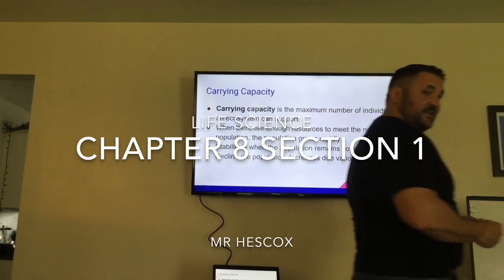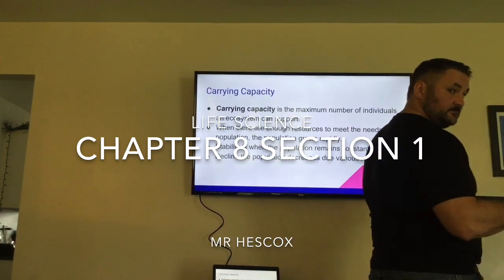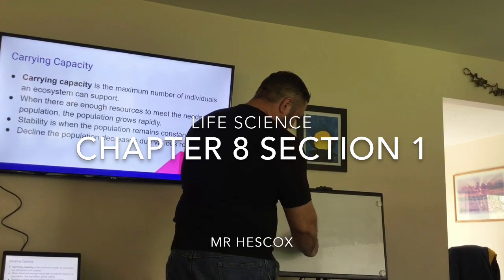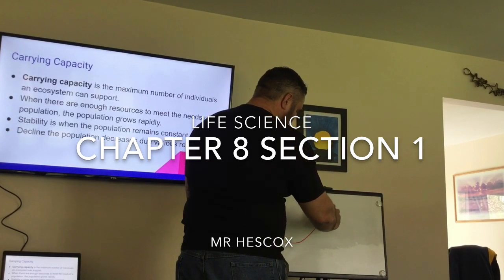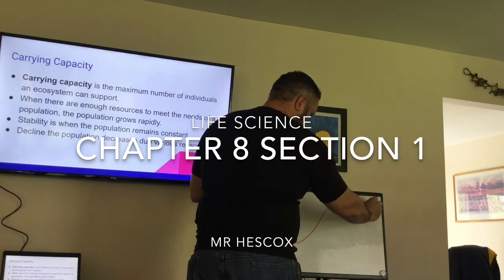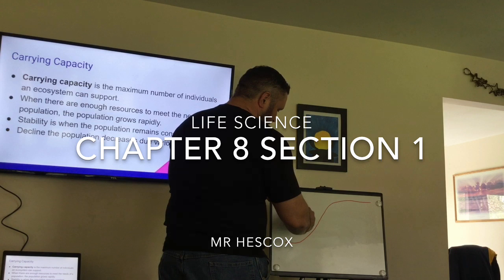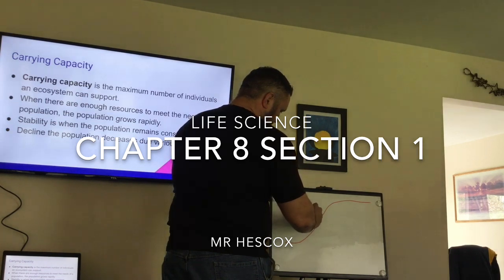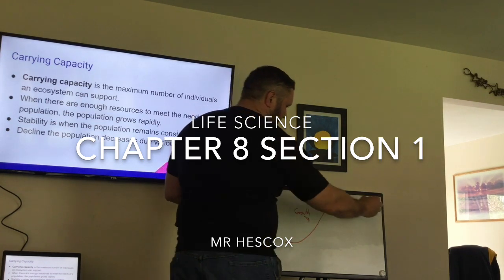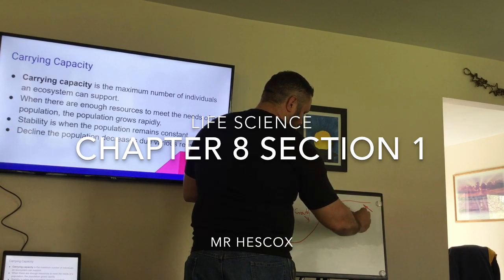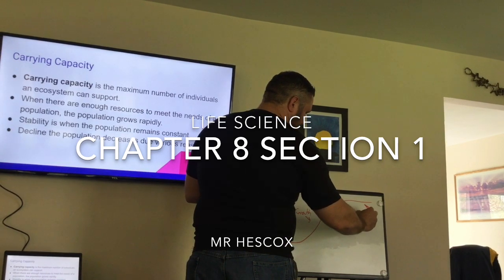It looks like this. You start, the population is going to start to grow, and then it will level out. Here's the growth. This part up here on a graph is what we call carrying capacity.